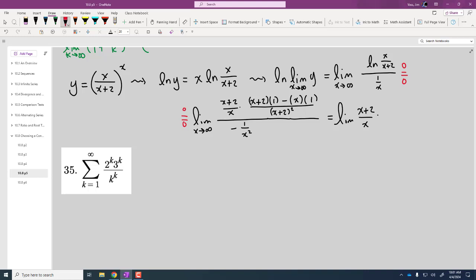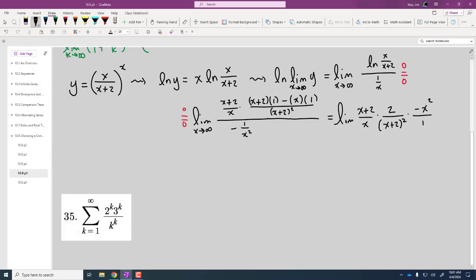X plus 2 minus x, what does that turn into? 2. So that's 2 divided by x plus 2 squared. And then we flip this thing and we get negative x squared over 1. And now we just have to simplify all that. And that's not too hard because we have a lot of cancellation.